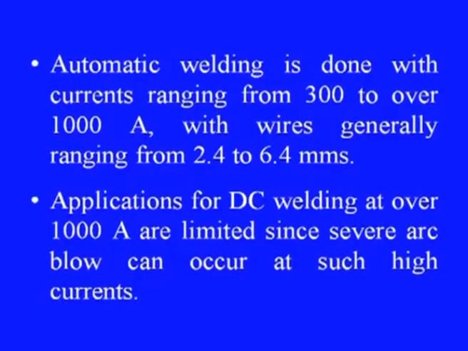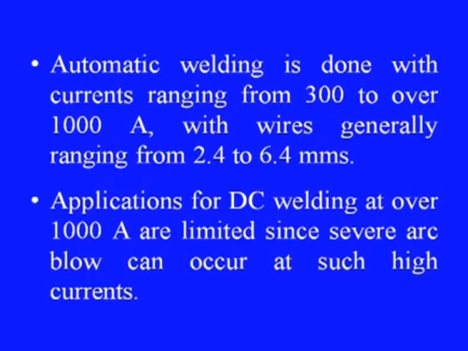As we have already discussed, size of the electrodes, that is diameter of the electrode, is also one of the important parameters to be considered. The automatic welding is done with currents ranging from 300 to over 1000 amperes, with wires generally ranging from 2.4 to 6.4 millimeters.